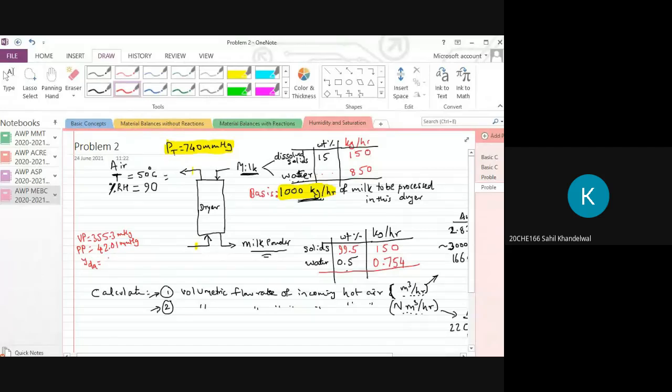Sorry, sir, water vapor, not dry air. Correct, correct. So mole fraction of water vapor. How did you find that? Partial pressure upon total pressure, 740. Okay. What is the value?